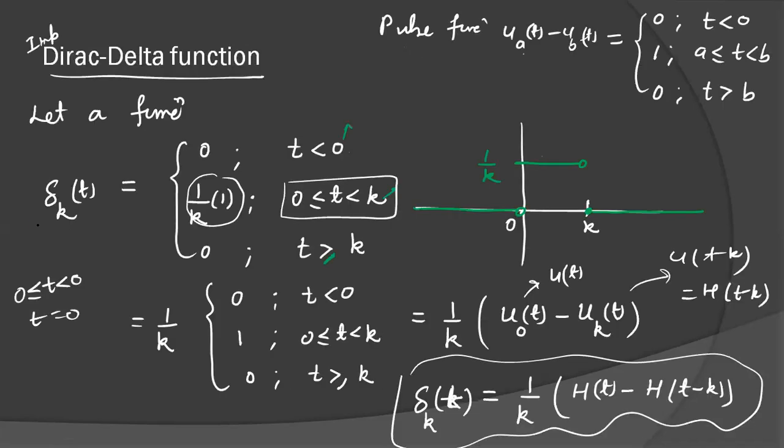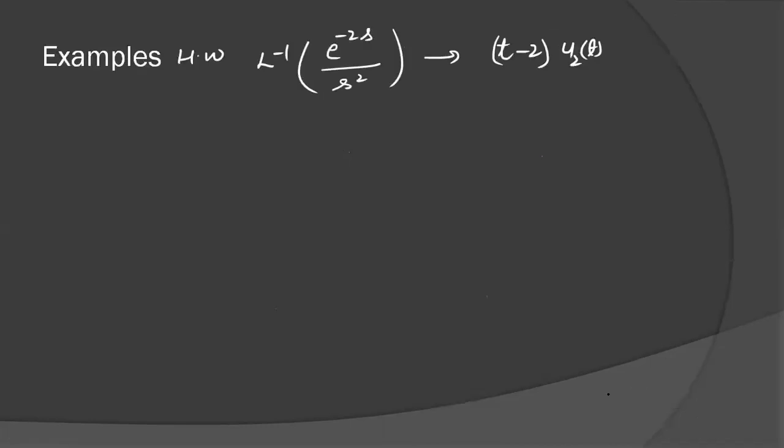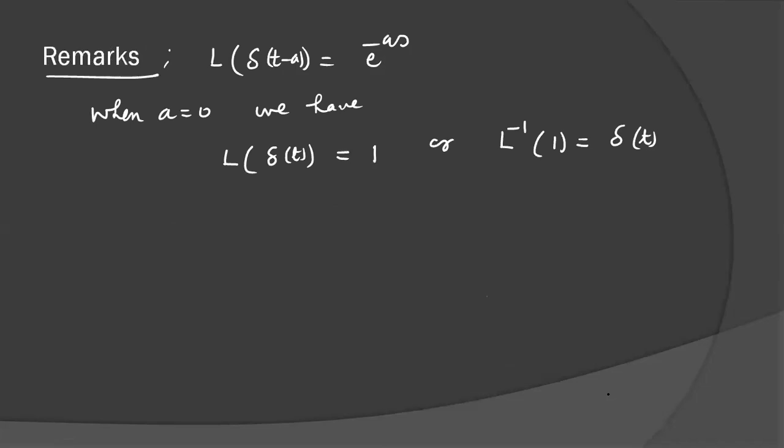Similarly, we have two more results. If you see carefully, with k tending to 0, this is the differentiation of u(t), or h(t), because the limit k tending to 0 is a differentiability property. What we want to say here, the second result, is that the Dirac-Delta function is nothing else but the derivative of the Heaviside function.